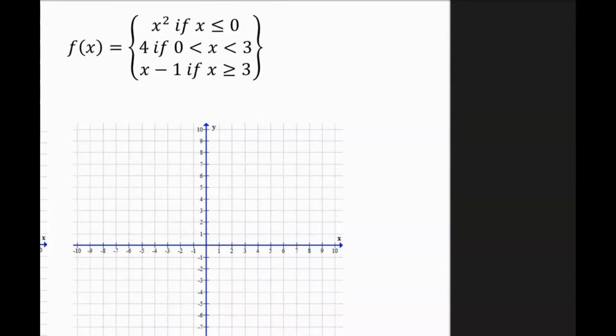So that's what I'm going to do. I'm going to graph from top to bottom. Here we have x squared if x is less than or equal to 0, meaning that in my first table, I am only going to put x values that are less than or equal to 0. So I'm going to first try 0. When I put 0 in for x, what does my function equal?